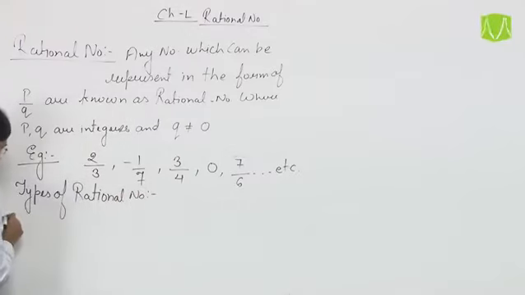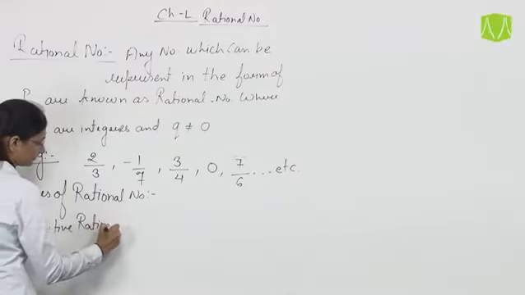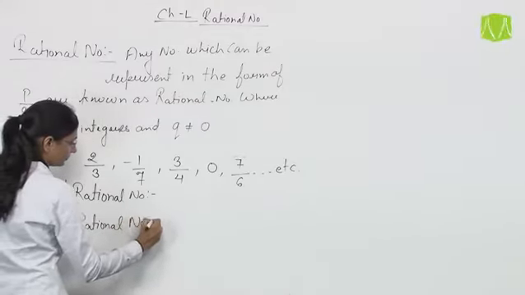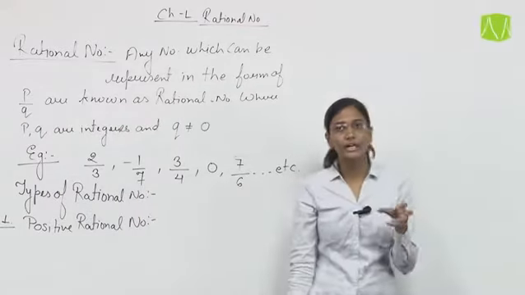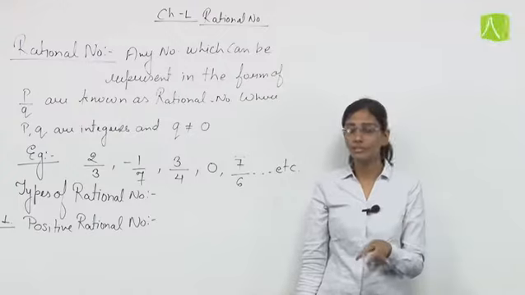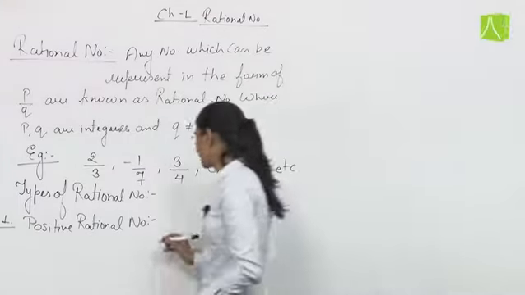First type is positive rational number. Any rational number in which numerator and denominator are either both positive or both negative is a positive rational number.